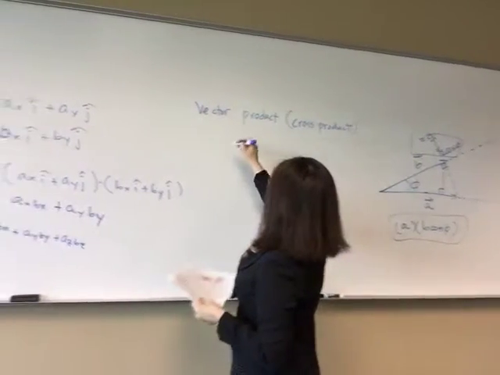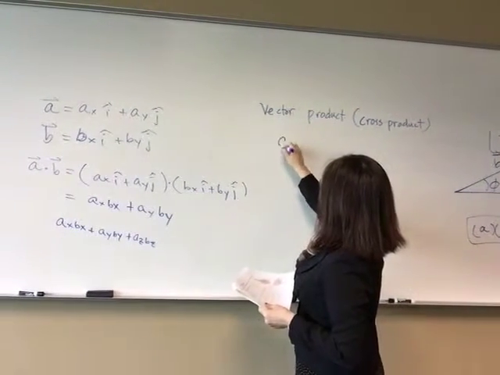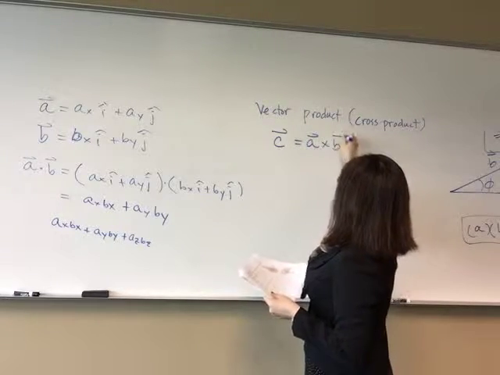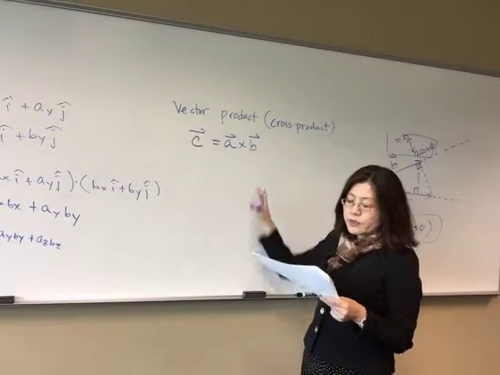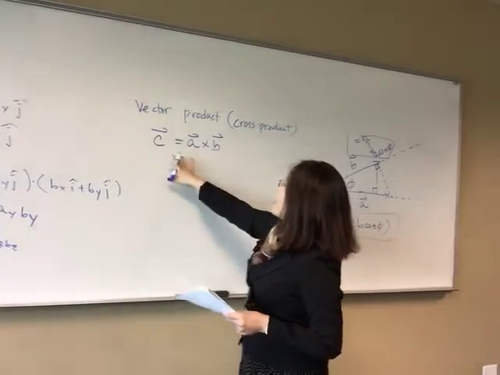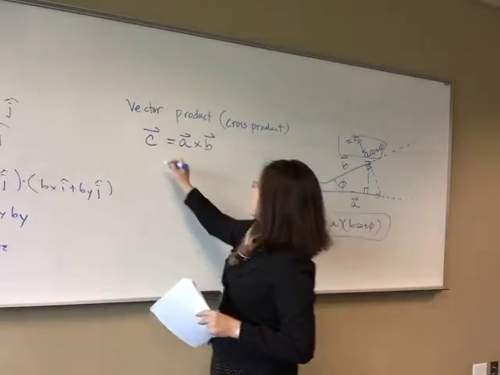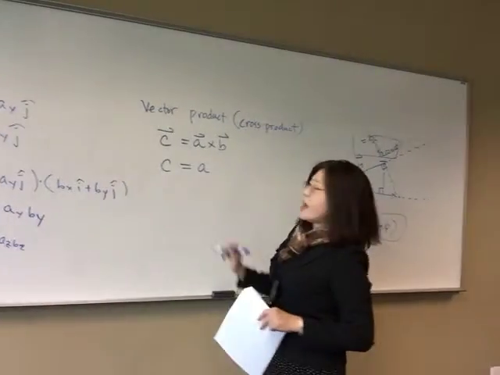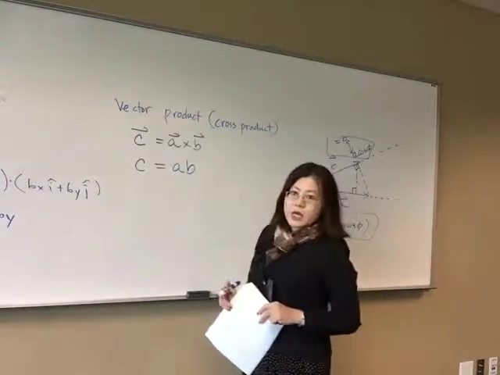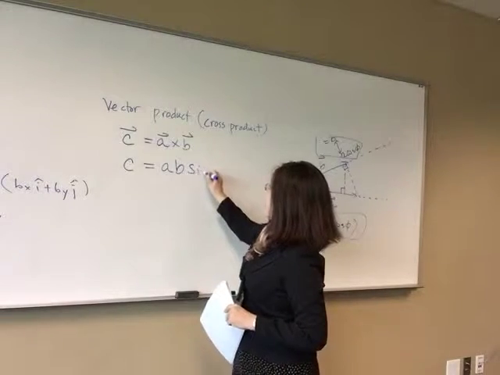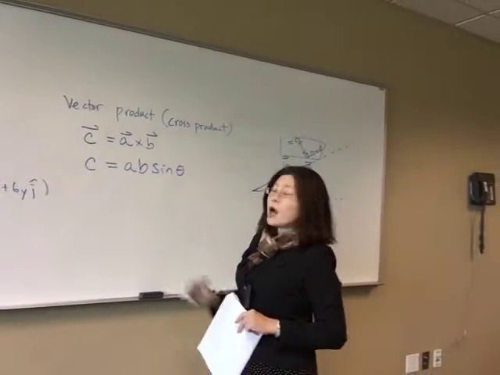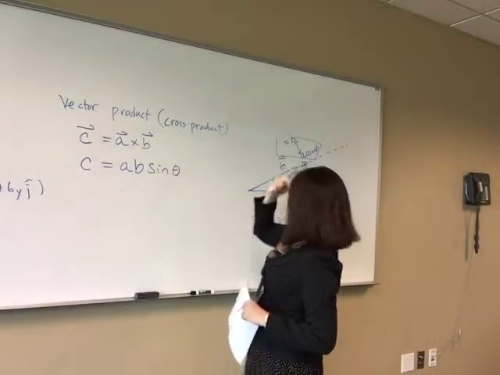So for example, let's say vector C is equal to A cross B. Instead of using a dot, we use a cross. How would you find the magnitude? C is equal to, again, the magnitude of A, the magnitude of B, and then the sine of the angle between them. So instead of cosine, now it's sine of the angle between them.